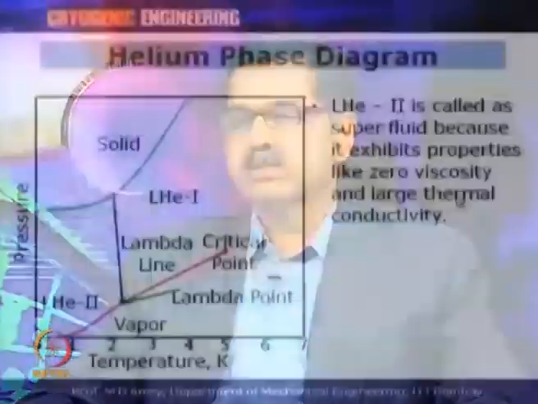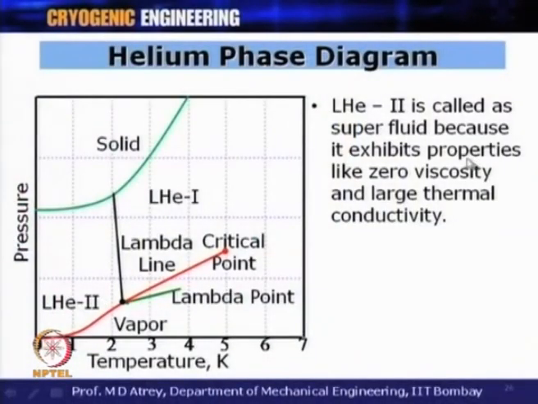The other aspect is that it has a very large thermal conductivity. These two aspects make it a very important feature of helium 2: low or zero viscosity, and we also call it zero entropy. As you come down to 0 Kelvin, it becomes much more ordered. The most ordered thing is a solid, with all the crystalline lattice structure and very defined positions.